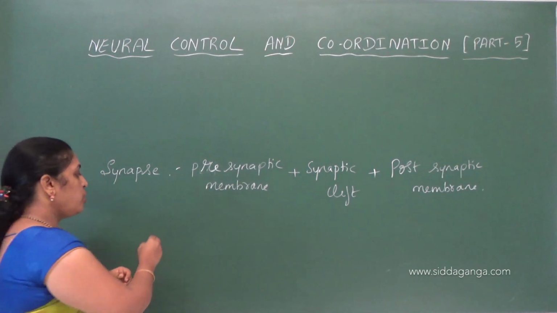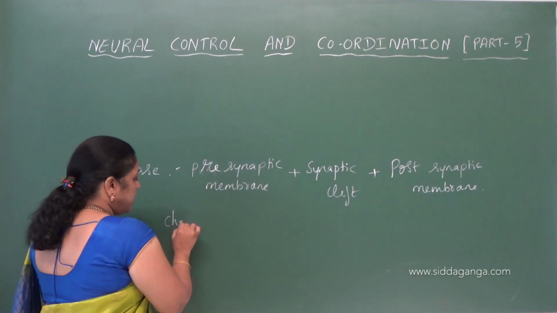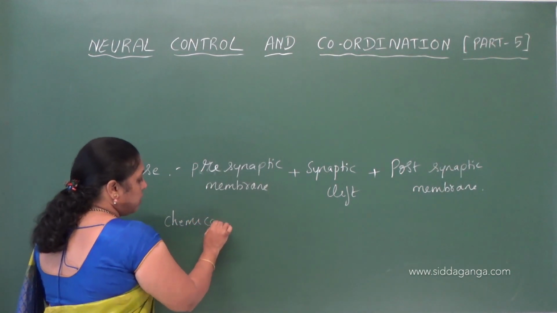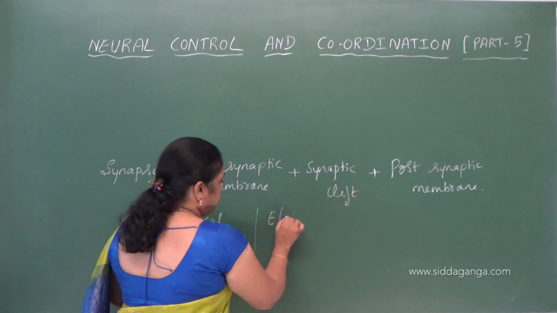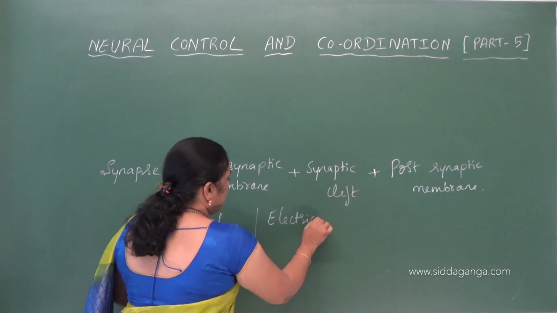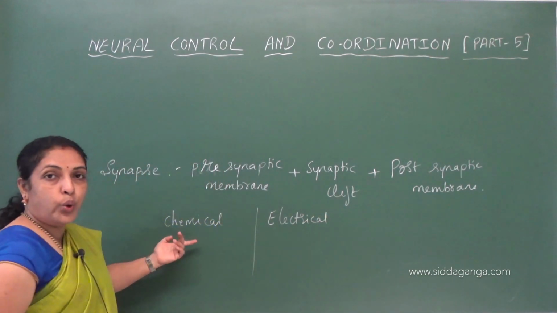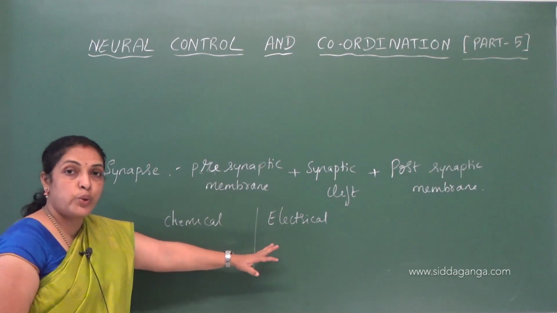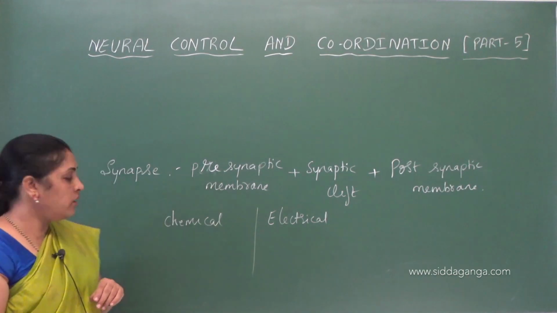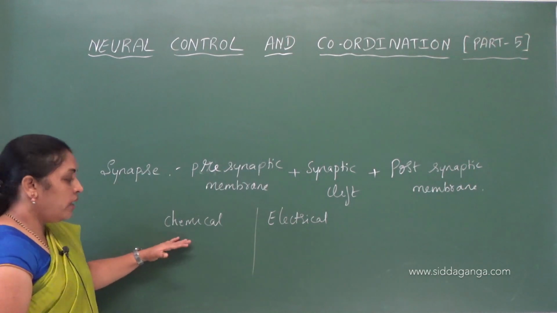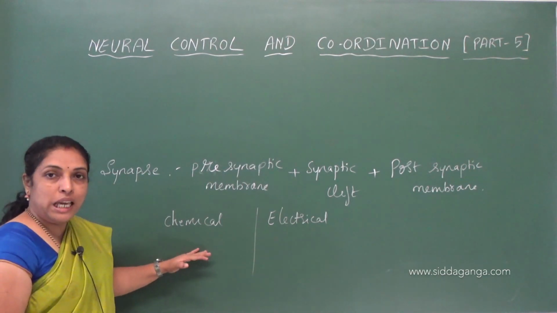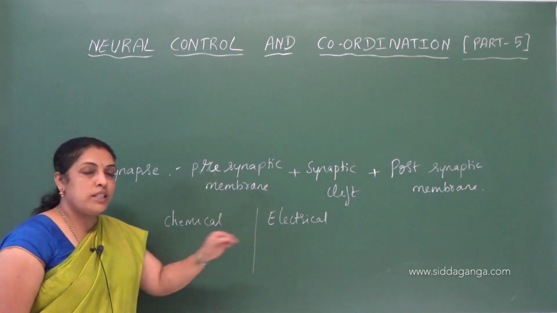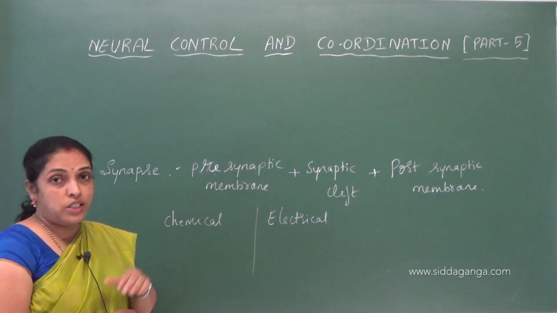So we discussed two types of synapses, chemical synapses and electrical synapses. In chemical synapses neurotransmitters are present, whereas in electrical synapses neurotransmitters are absent. In the chemical synapse we see a delay in conduction, whereas in electrical we see a faster rate of conduction.